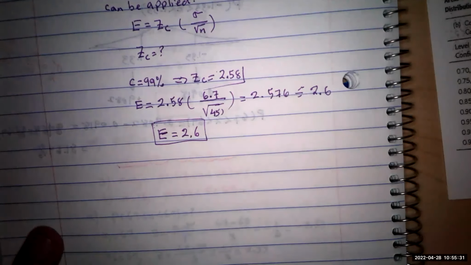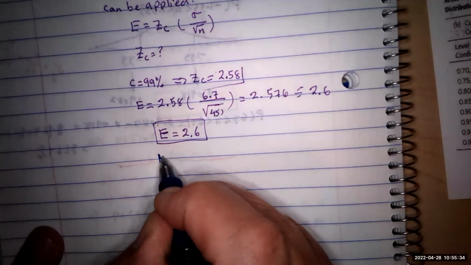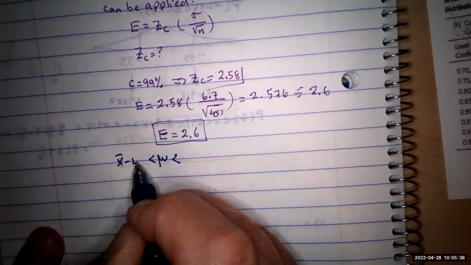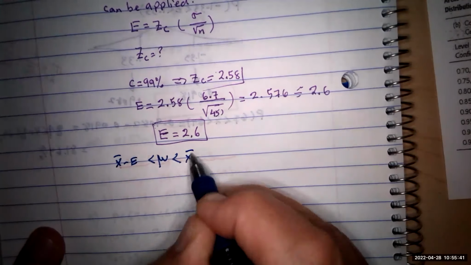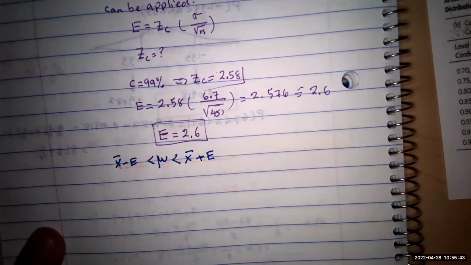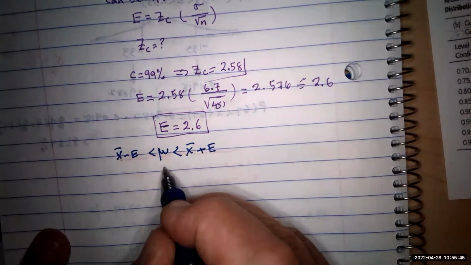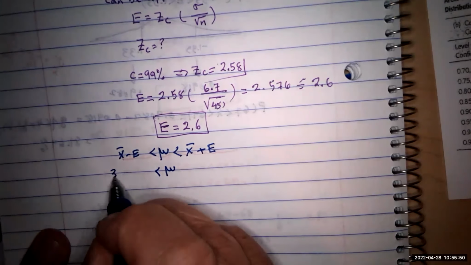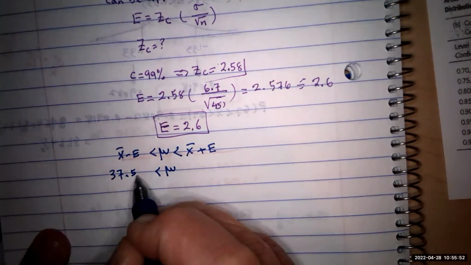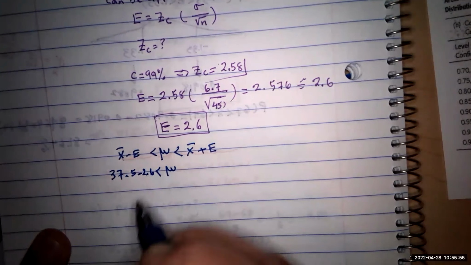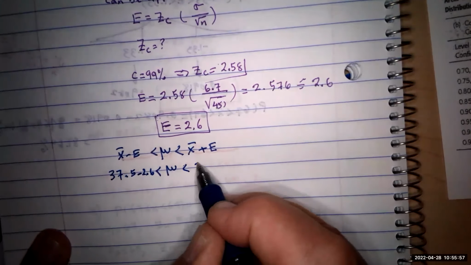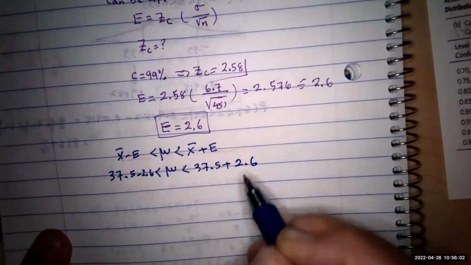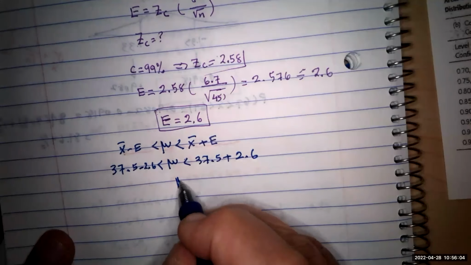You know that the interval is mu between x bar minus E and x bar plus E. Substitute. So mu is between x bar, which is 37.5, minus E, which is 2.6, and 37.5 plus 2.6.